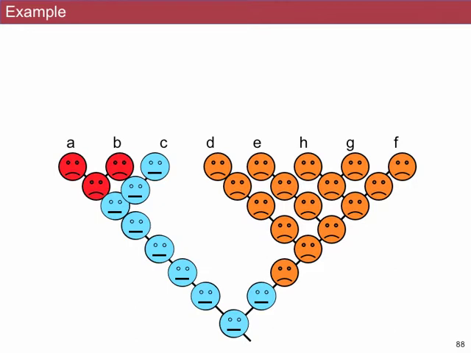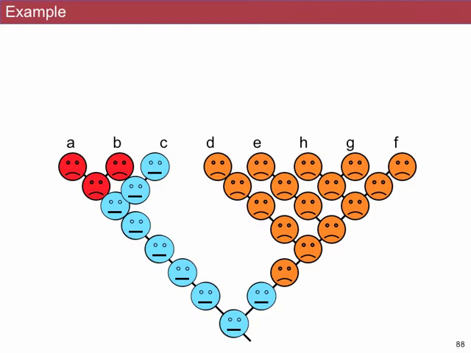So if we compared A and B to each other, and to D, E, H, G, and F, they're similar in the sense that they all have frowny faces. But A and B separately invented the frowny face from D, E, F, G, and H.